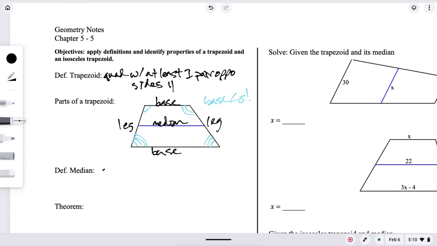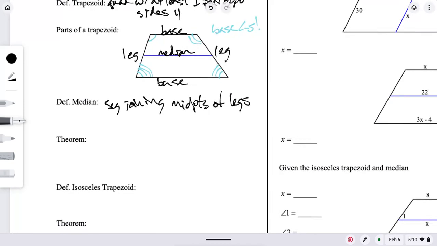It's this segment joining midpoints of the legs. And then that brings us into our first theorem, right?